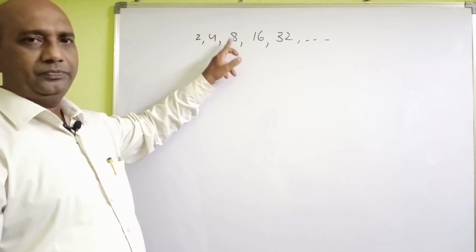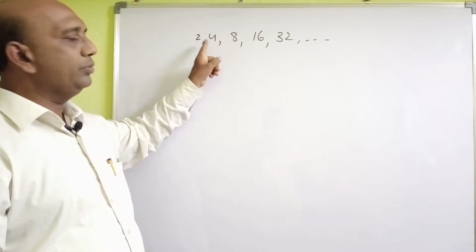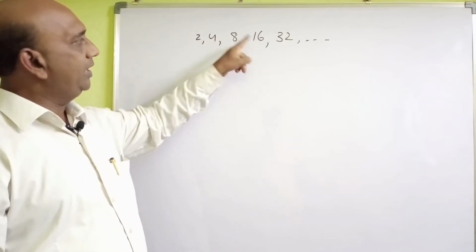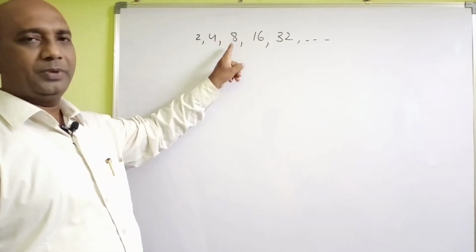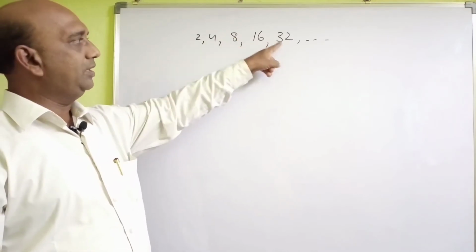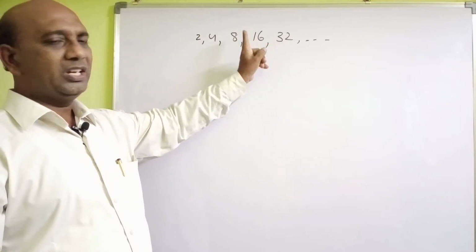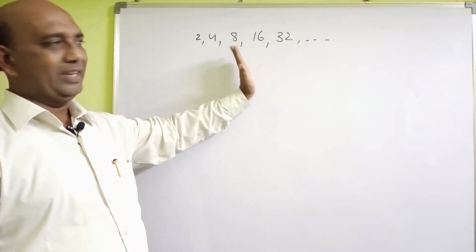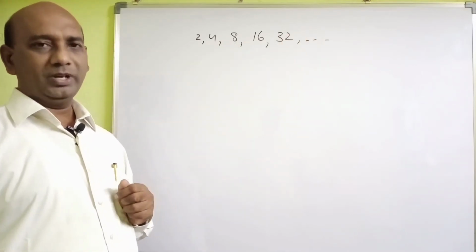Take the third term, 8. It is formed by multiplying 2 to its previous term 4. Again 16 is also formed by multiplying 2 to its previous term 8. Like that, the fifth term 32 is formed by multiplying 2 to its previous term 16. Like that we get a progression which is called geometric progression.